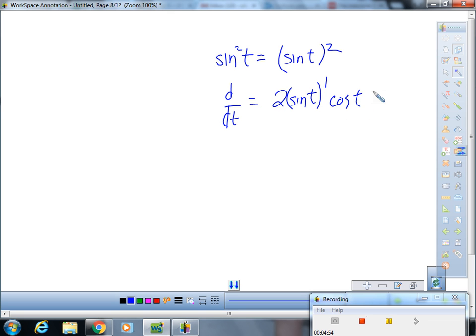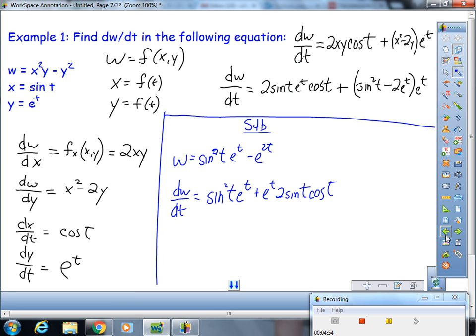Right? Okay? We're not done with this one because we also have to take the derivative of e minus e to the 2t. That's negative 2 e to the 2t.